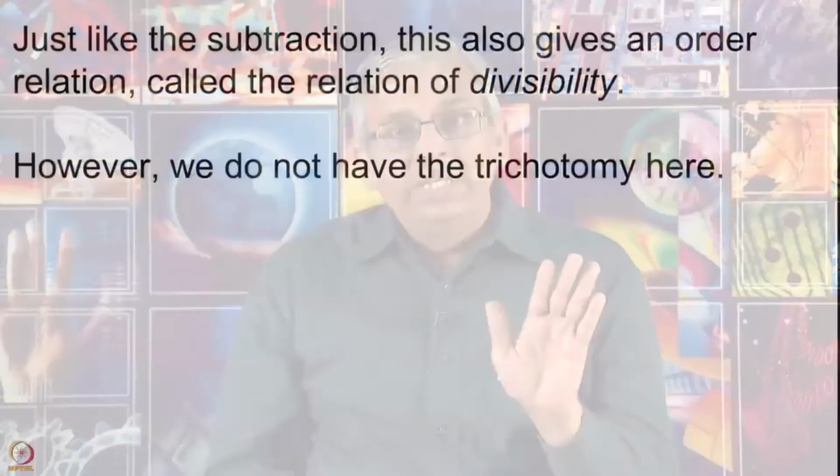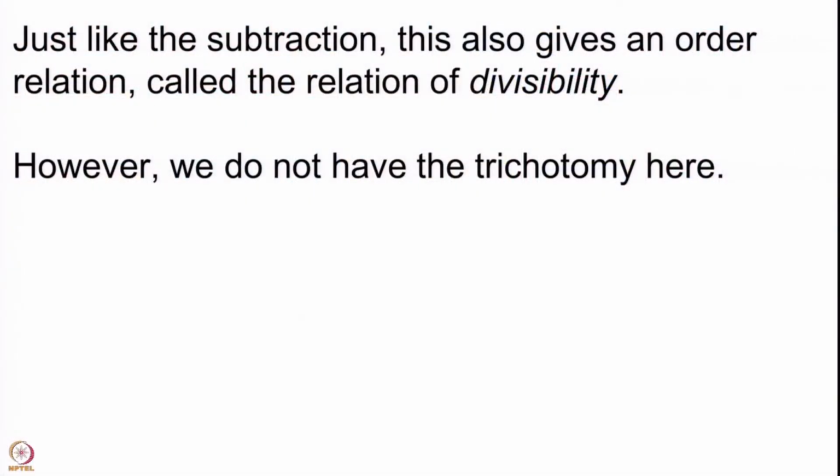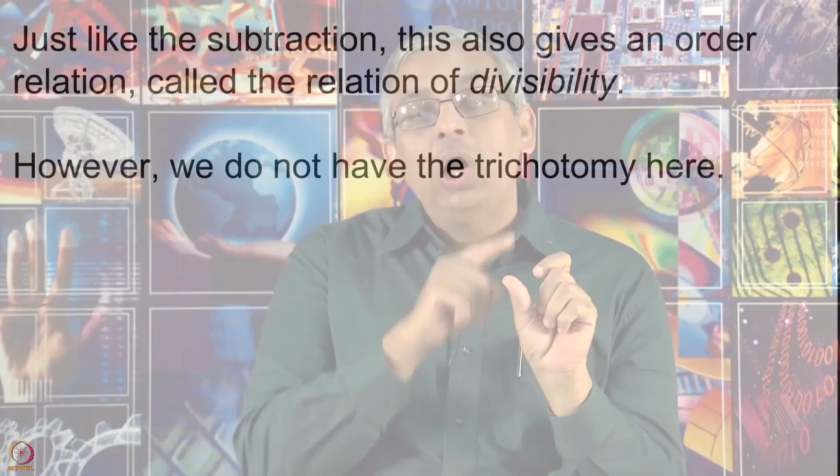Now for the order relation that we had seen earlier of less than or bigger than, we had a trichotomy. Do we get a trichotomy here? No. We do not have the trichotomy. Given any two natural numbers, we may not always have that A equal to B or A divides B or B divides A. That may not always be the case.